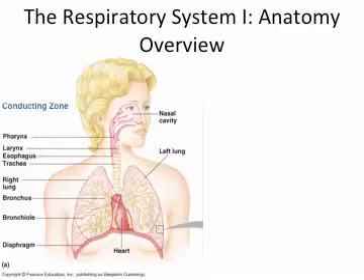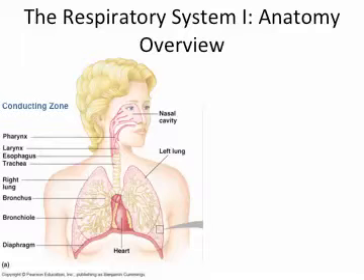So in the conducting zone of the respiratory tree, the reason they call it a conducting zone is because it's conducting air down to the level of the alveoli. So the conducting zone would consist of air going into the nasal cavity, through the pharynx or throat, through the larynx or voice box into the trachea, and then the trachea branches into right and left primary bronchi.